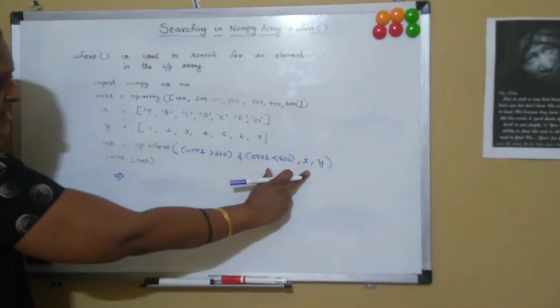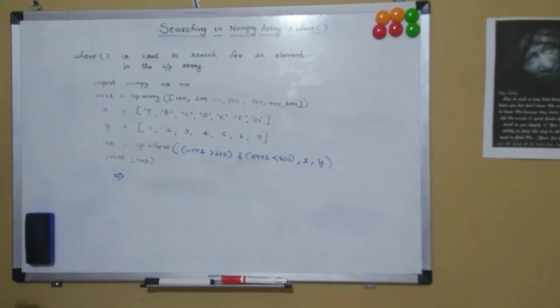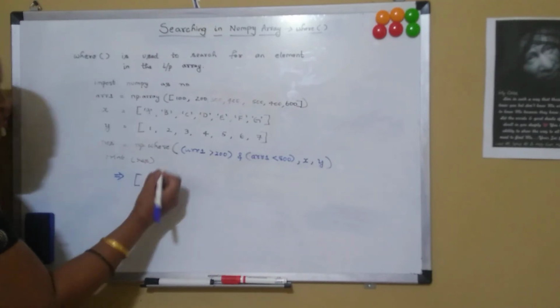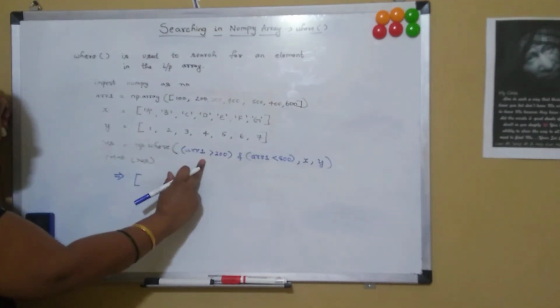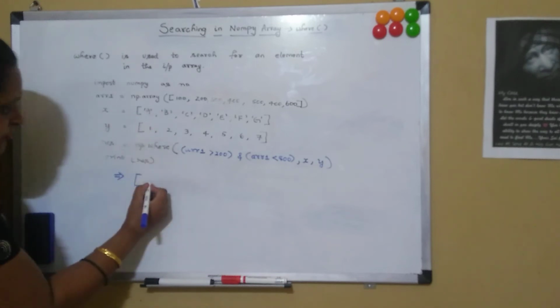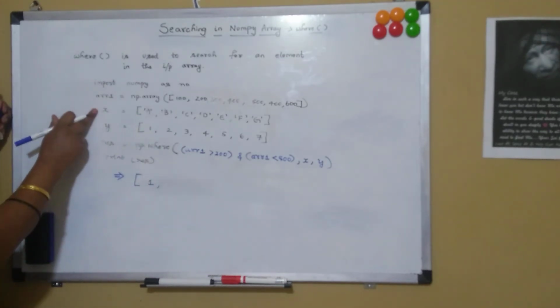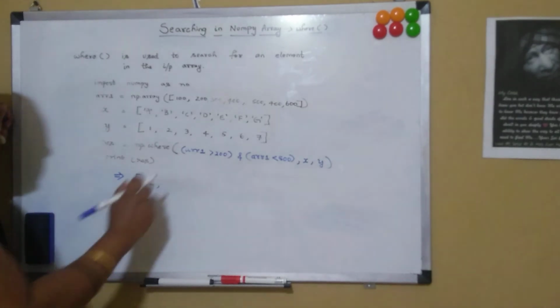Multiple condition with x and y. So in this case, what would be the result? 100 is not greater than 200. So it will take from the false list and it will print 1. y is the false list and x is the true list.